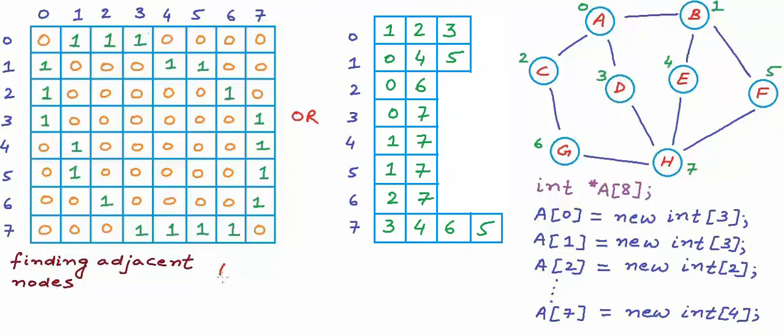So it would be big O of V for the matrix, as well as this second structure here, because here also, in the worst case, we can have V cells in a row, equivalent to having all ones in a row in an adjacency matrix. When we try to see the time cost of an operation, we mostly analyze the worst case. So for this operation, we are big O of V for both.